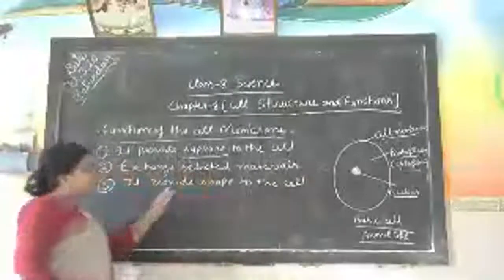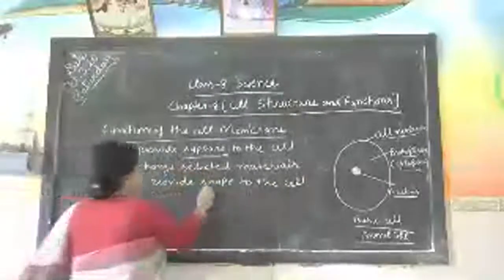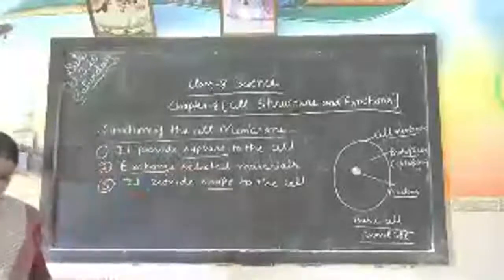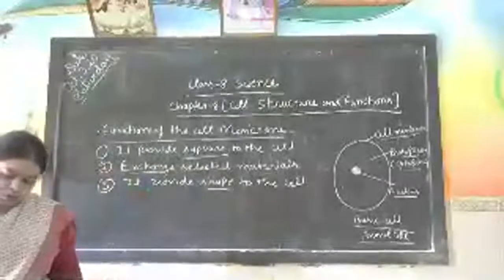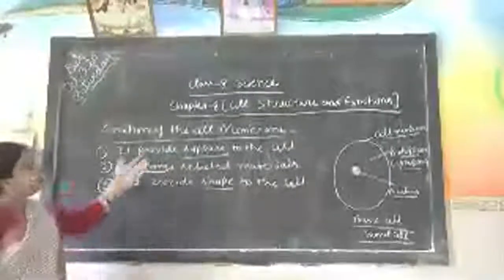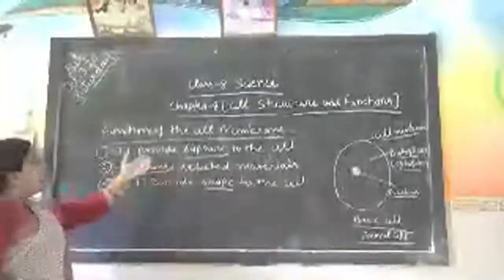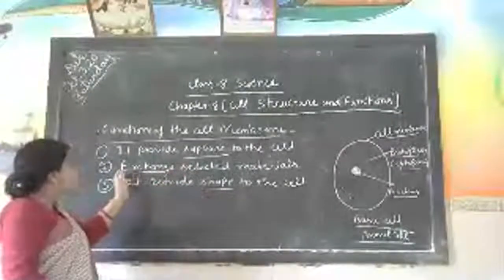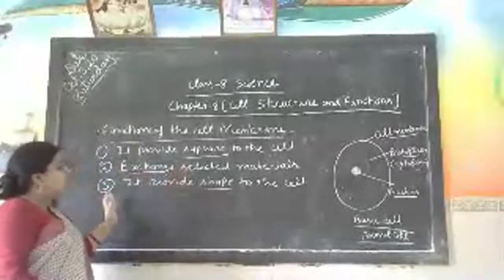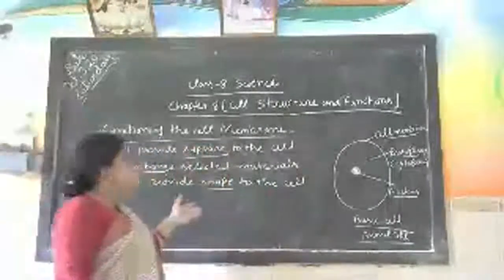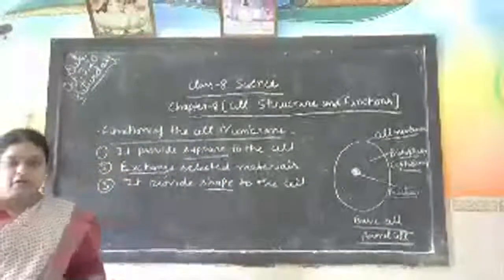So these are the functions of the cell membrane: it provides support to the cell, exchanges selected materials, and it provides shape to the cell. So this is the cell membrane. Now we will study in our next class about cell wall.